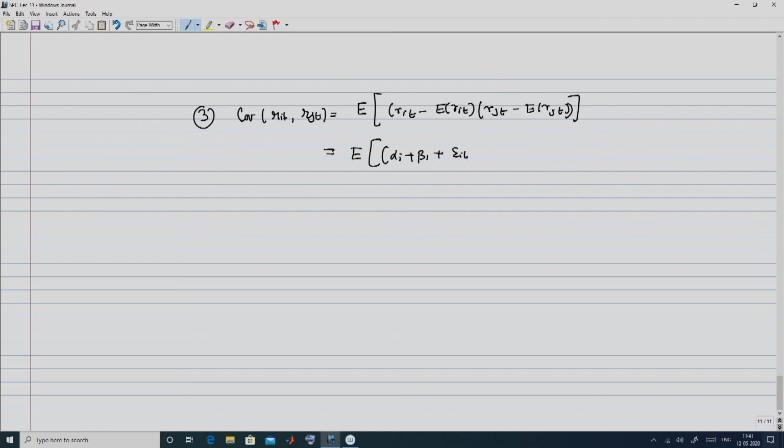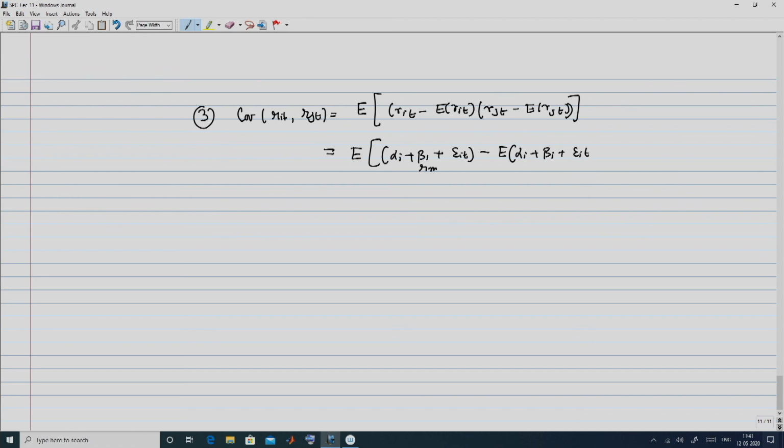Alright, so we come now to the last derivation, that is the covariance of R_IT and R_JT, and this is by definition the expected value of R_IT minus E of R_IT into R_JT minus E of R_JT. This can be written as E of alpha_I plus beta_I R_MT plus epsilon_IT minus the expected value of alpha_I plus beta_I R_MT plus epsilon_IT.